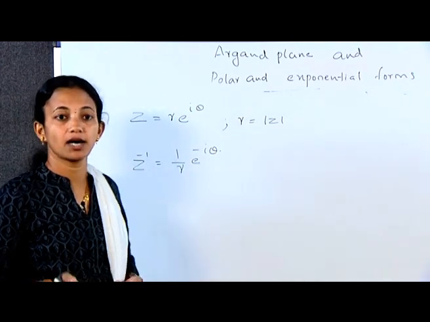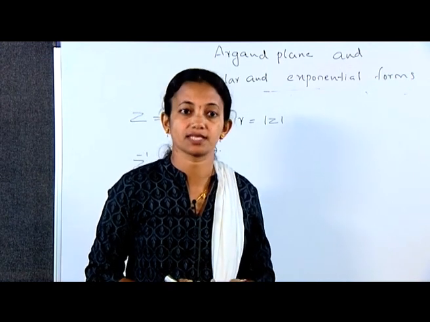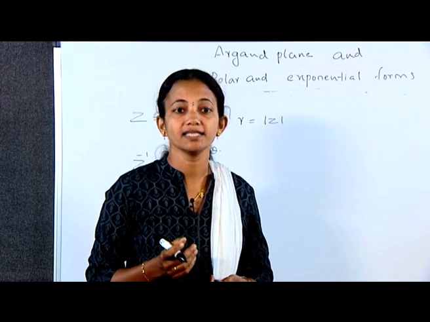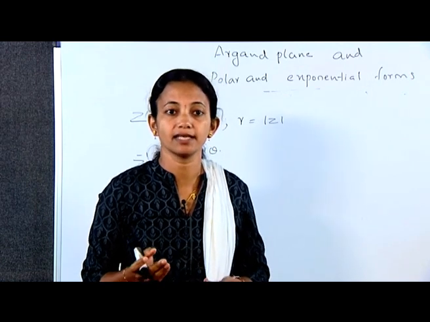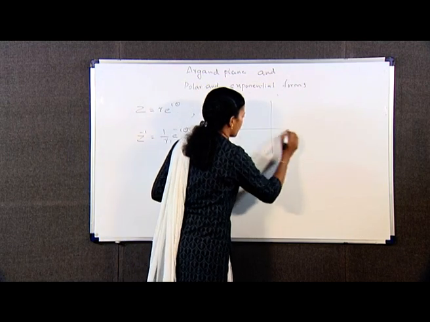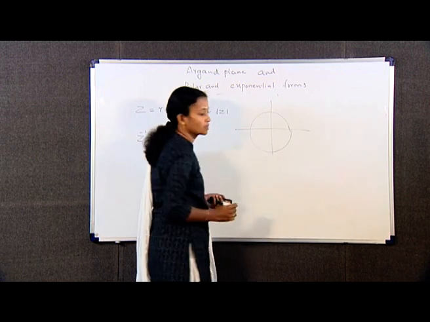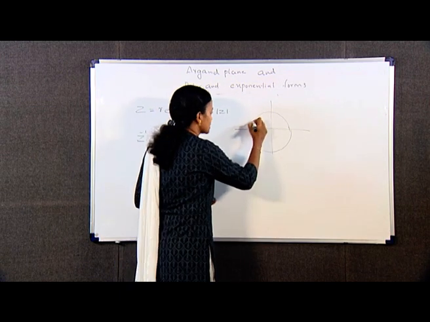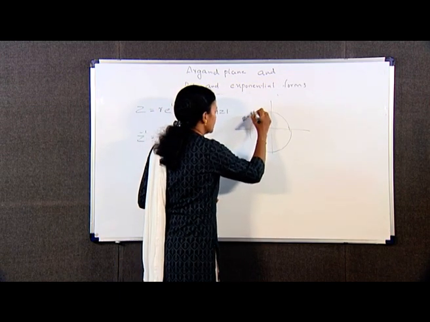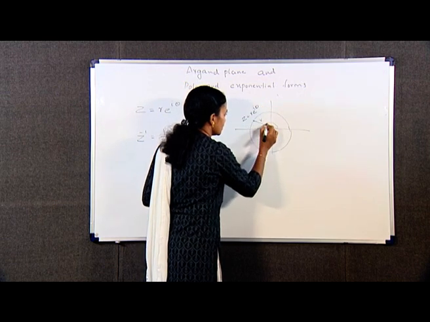If Z is equal to R e raised to I theta, then the length of the vector of Z lies on the circle centered at the origin. That is, here we have Z is equal to R e raised to I theta. This is our R, this is our theta.